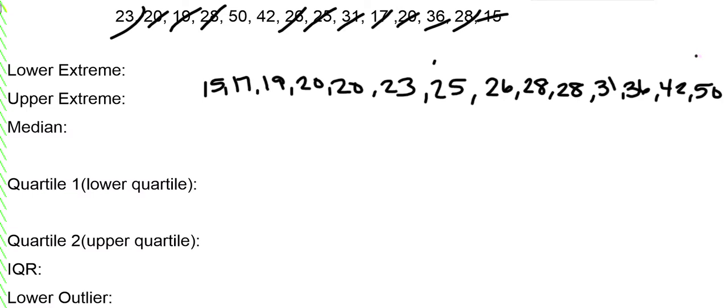All right, so my lower extreme, my lowest number is 15. My upper extreme, which is my highest number, is 50.